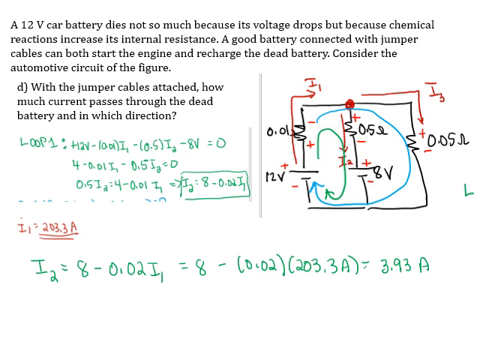That makes sense because that's a pretty big resistance compared to the starter motor resistance, so we anticipate less current. We got a positive result for our current, so that tells us that it flows from the positive terminal to the negative terminal that we showed on the diagram.